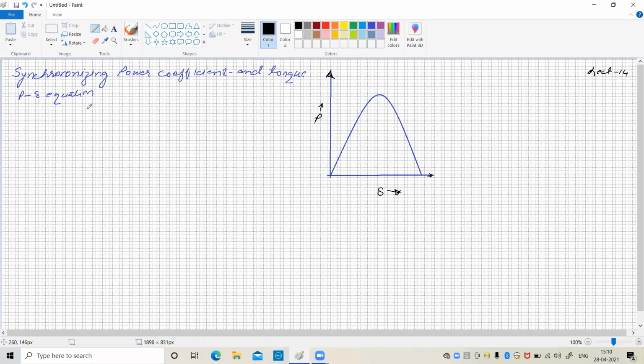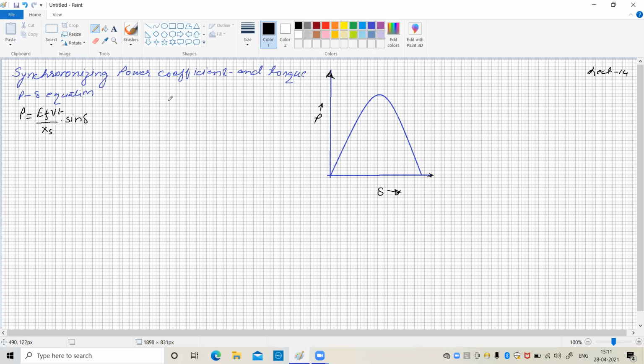For the cylindrical rotor machine, the power angle characteristic of a synchronous alternator is P equal to EF Vt upon synchronous reactance XS into sine delta.